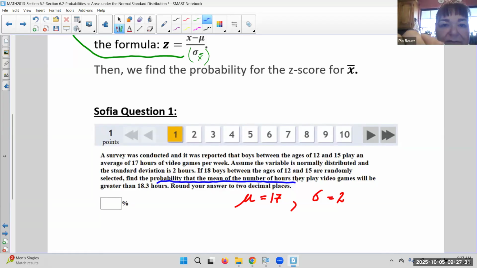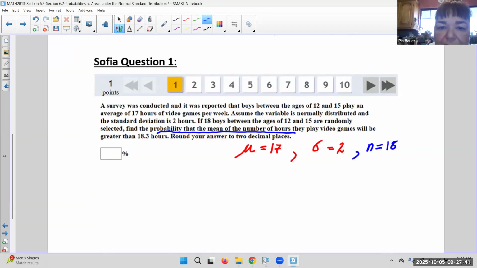So another piece of information that we're given is that the sample size has 18 boys. Then we're looking for the probability that the mean of that sample, so that's X bar, is actually greater than 18.3.